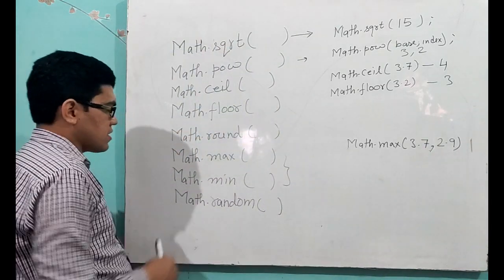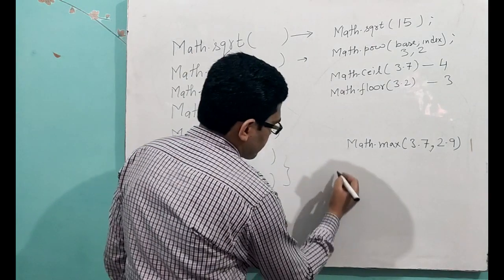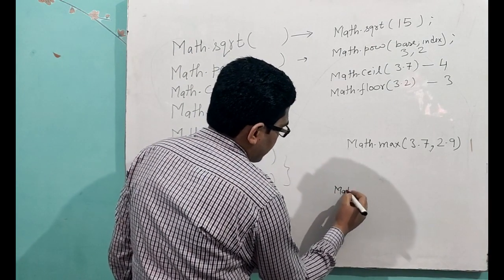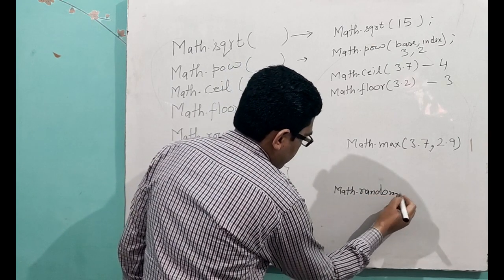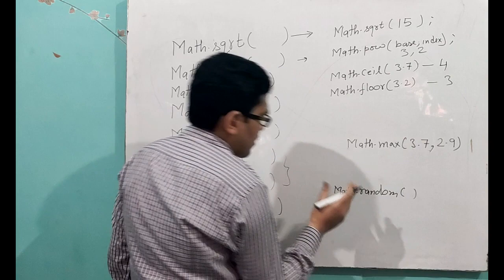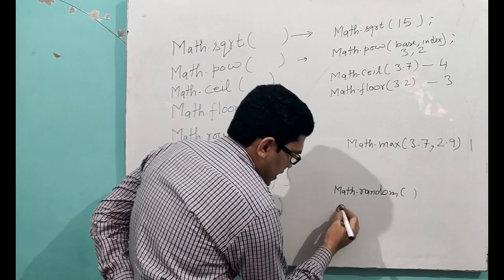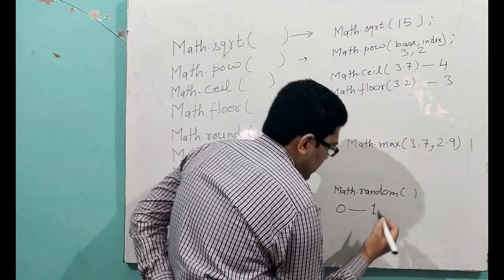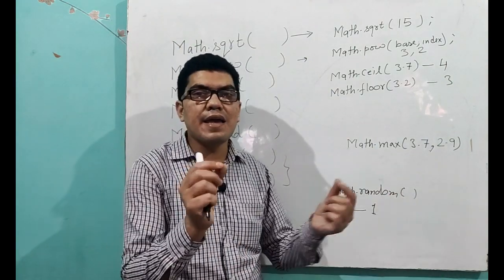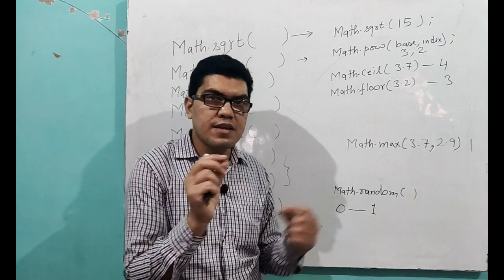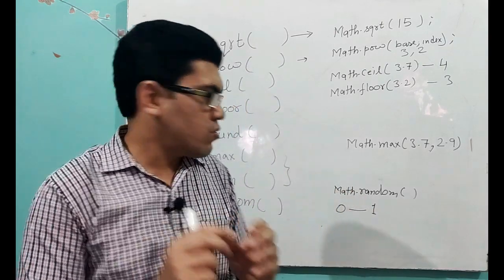Our next function is Math.random. The Math.random function will return a value which is lying between 0 and 1. This function does not accept any argument, and it returns a double type value.